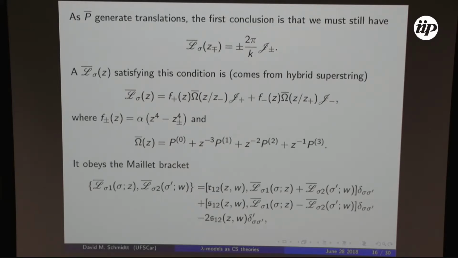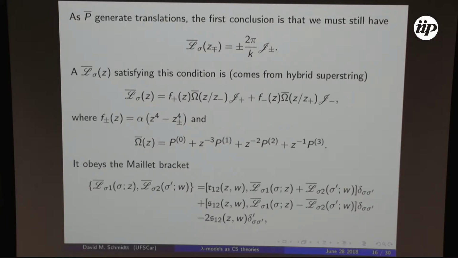It is a combination of the 2 Kac-Moody currents with 2 operators that depend on the spectral parameter. This omega bar is different from the omega I wrote before. This is the omega operator for the lambda model of the hybrid superstring. So you see the analytic dependence of C is different.